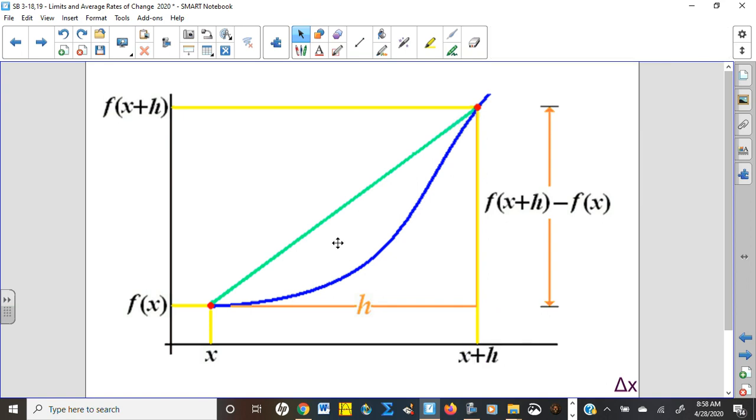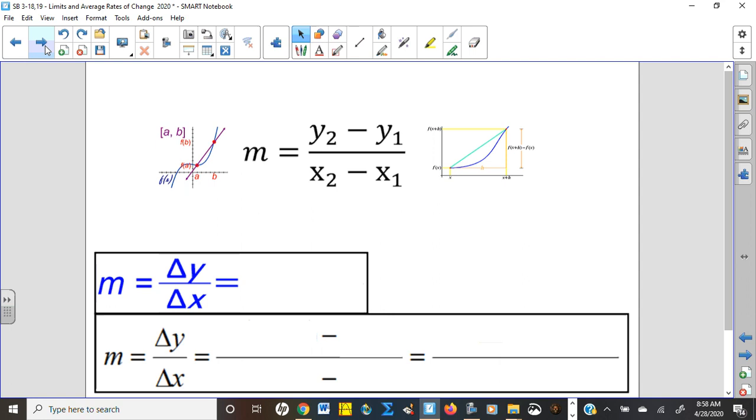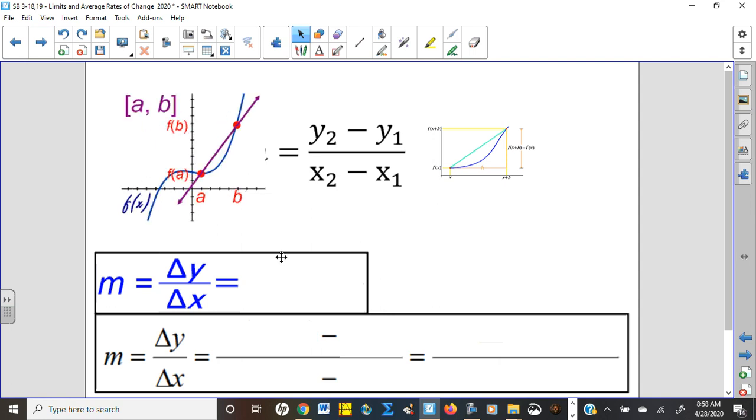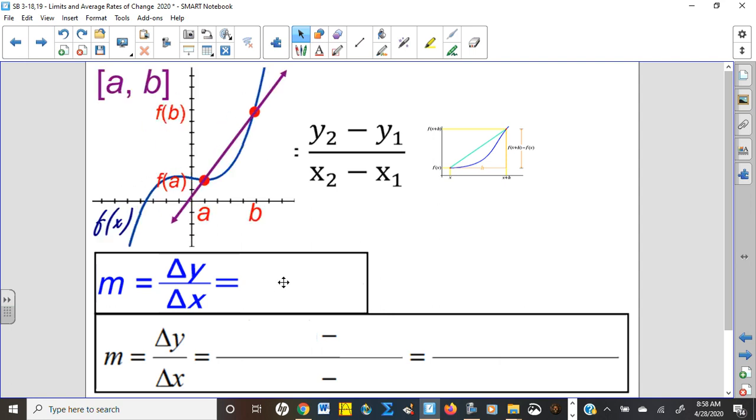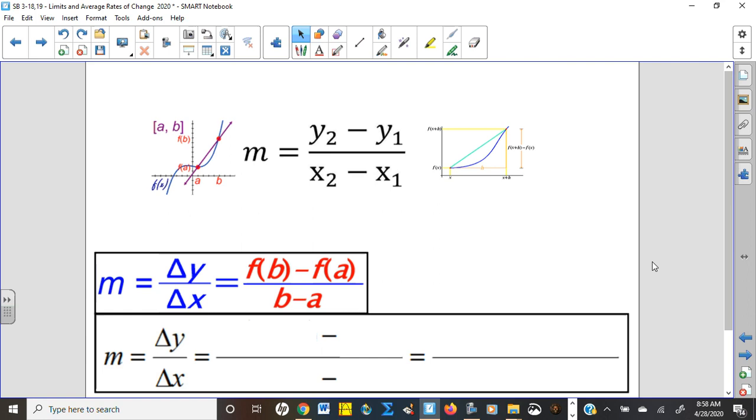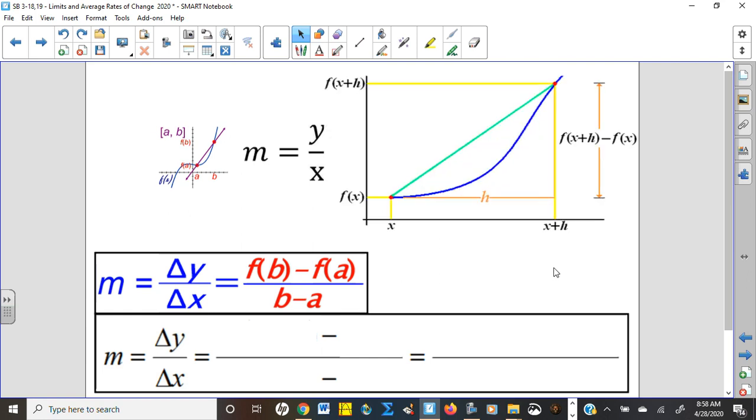But this picture right here sets up a slightly different way of looking at our formula. This is the one we built today, right? This is the one where we said that's going to be f of b minus f of a over b minus a, okay? And that's your average rate of change. So using this formula right here, I'll make a slight change. Instead of having these x's in here, since this one was using a's, I'll change these x's into a's for us, okay?